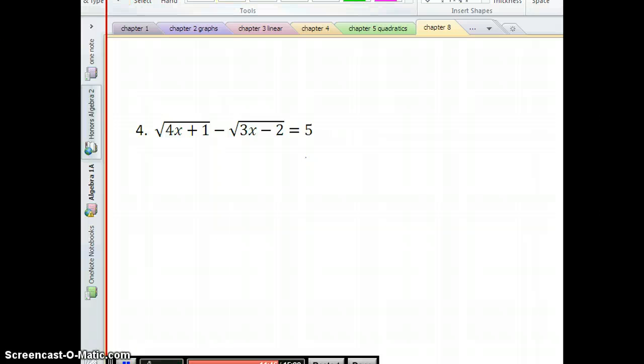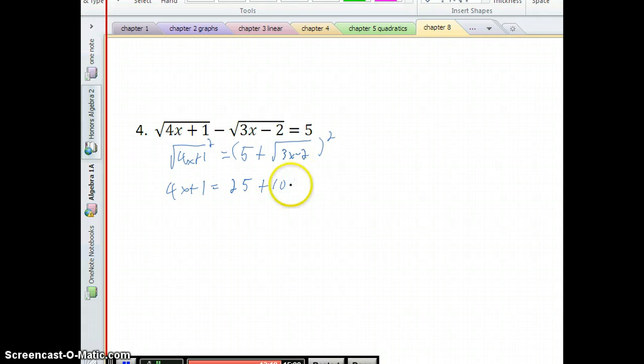Now let's do the same thing with the second example. If we start, we get the 4x plus 1 by itself, let's see, we'll get 5 plus this time the square root of 3x minus 2. On the right side we get 25.